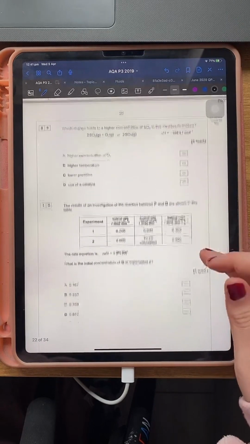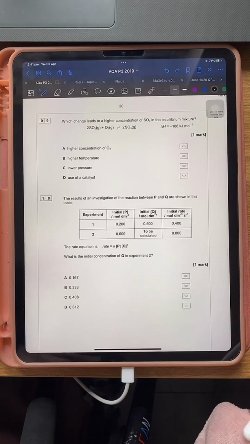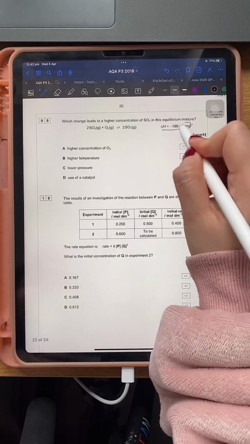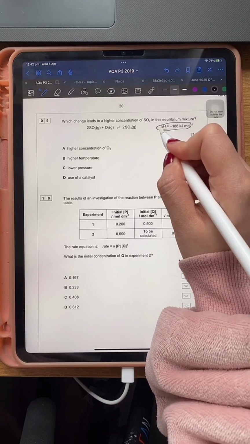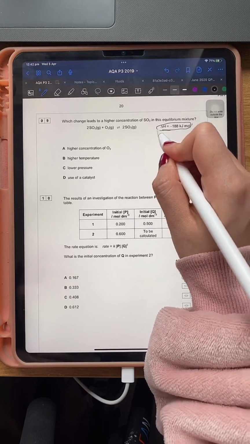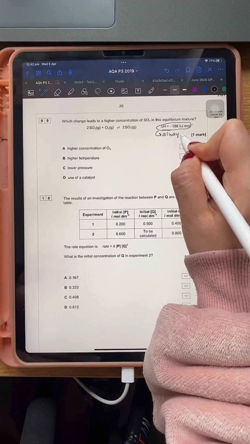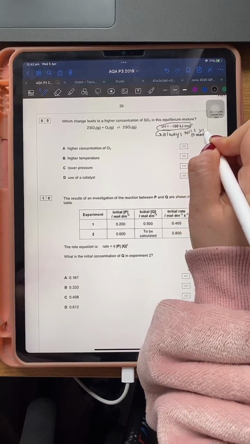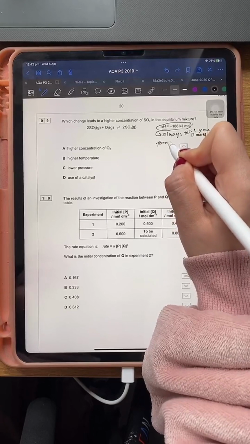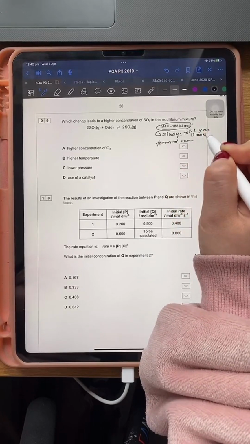Which change leads to a higher concentration of SO3 in the equilibrium mixture? So we know the forward reaction is exothermic. How do we know that? Because the enthalpy change always tells you the forward reaction. Forward is exothermic. That means what you want is low temperature, not higher temperature.